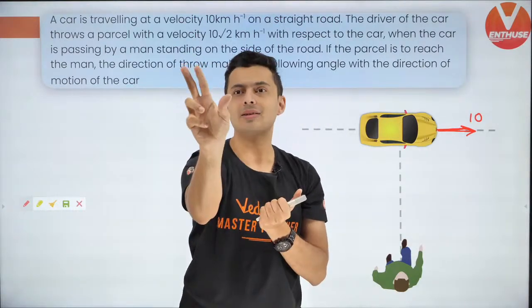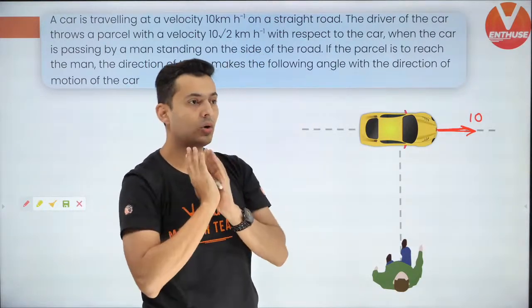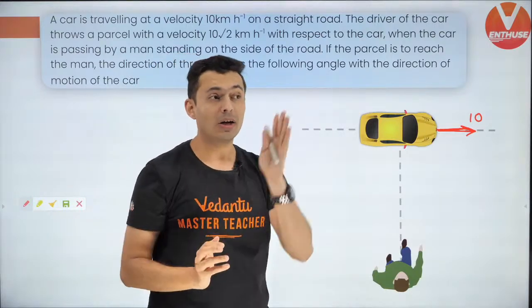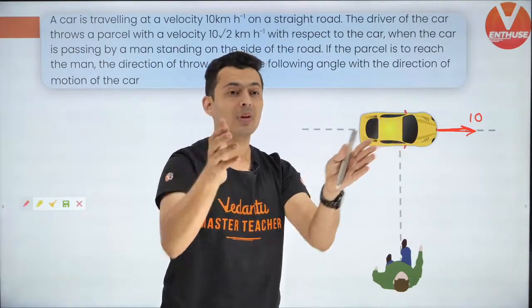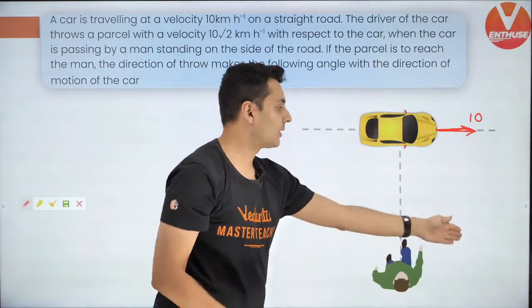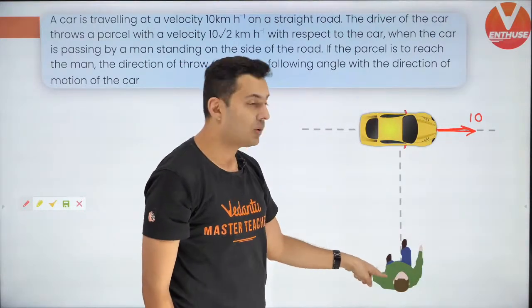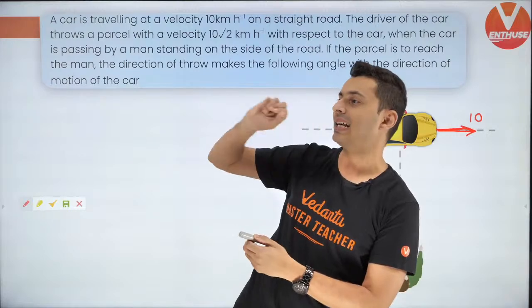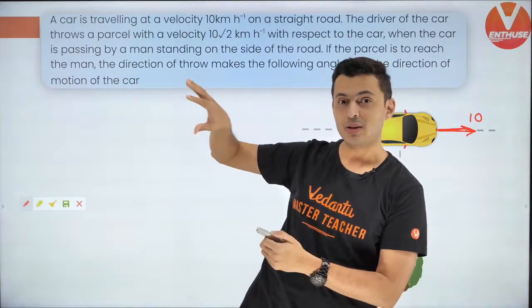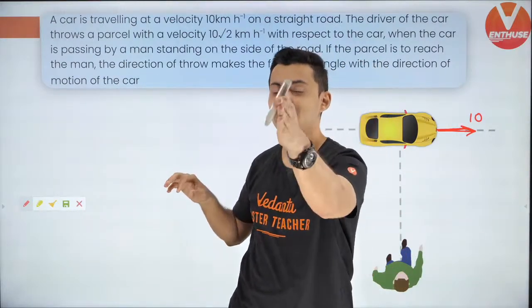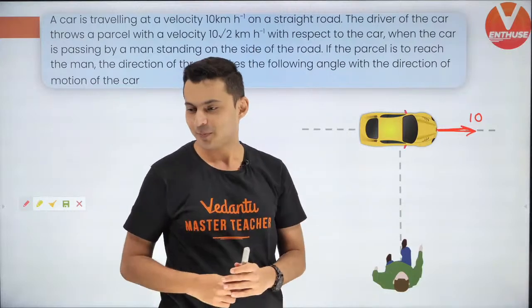You are throwing it this way, the car is going like this, so the effective velocity will be there. So it won't reach the person, it will reach somewhere in the front. So for you to throw it towards this person, you will have to throw it slightly towards the back so that it reaches over there. I hope this is clear.